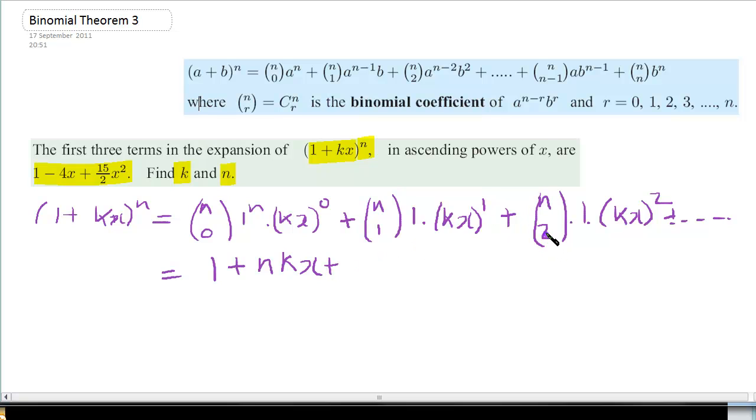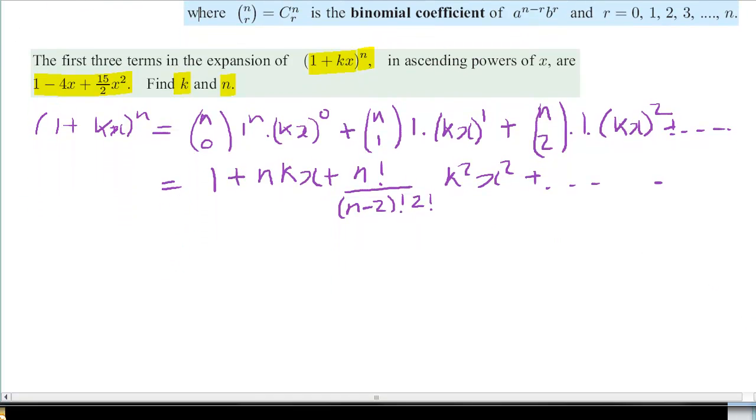Now the formula for nCr is n factorial over (n minus r) factorial times r factorial. r in this case is 2, so 2 factorial, and we're going to times that by kx all squared, so it's k squared x squared, plus and so on.